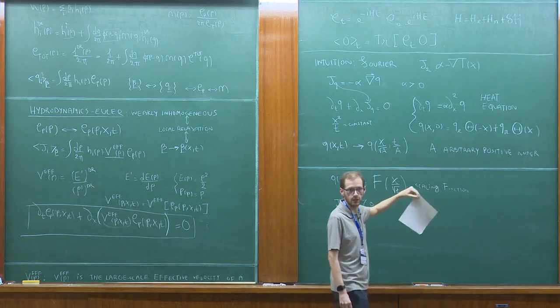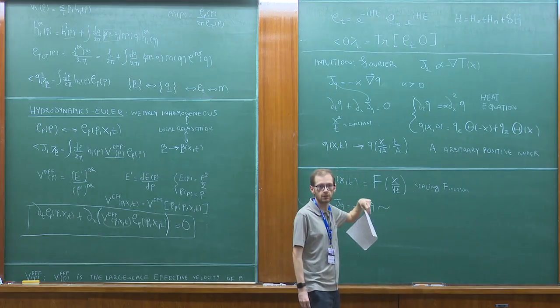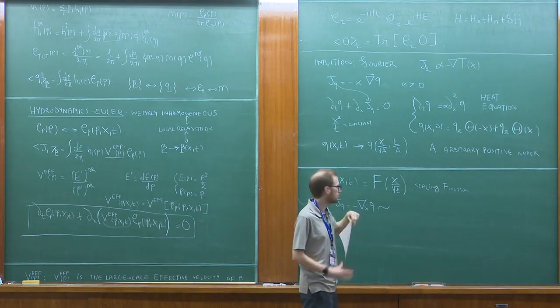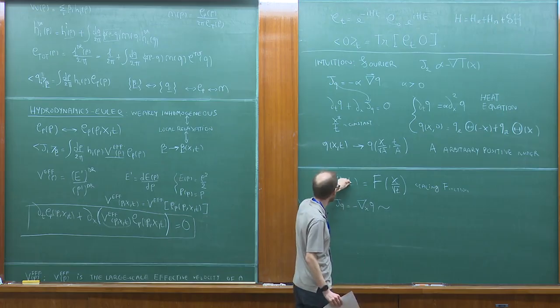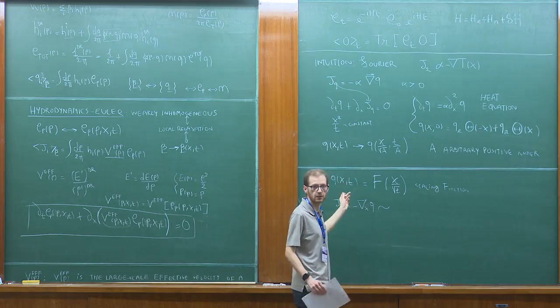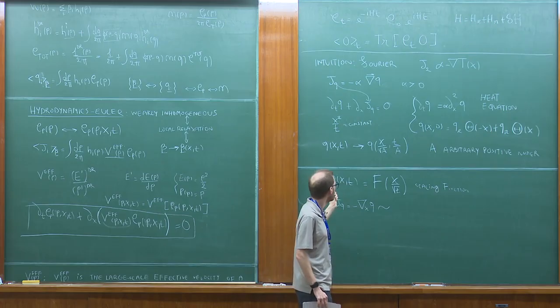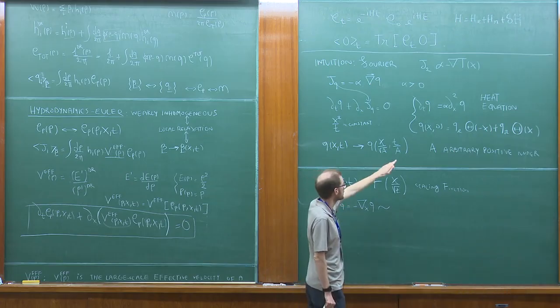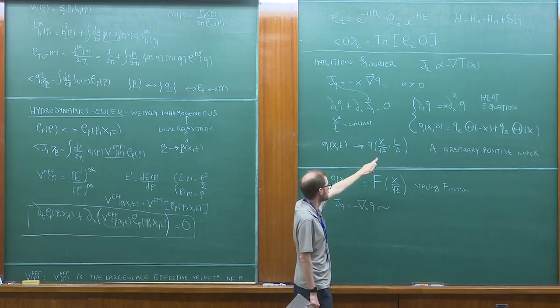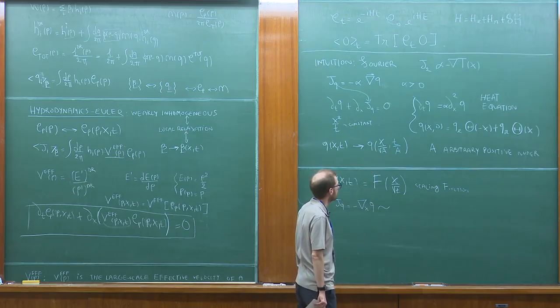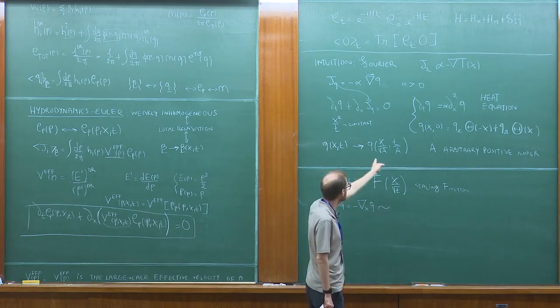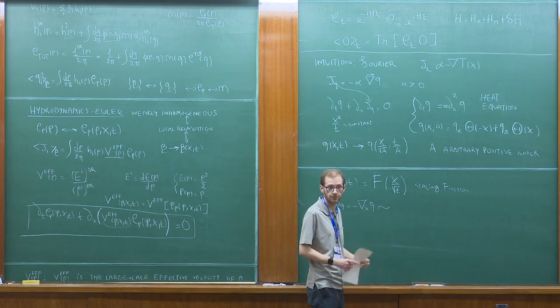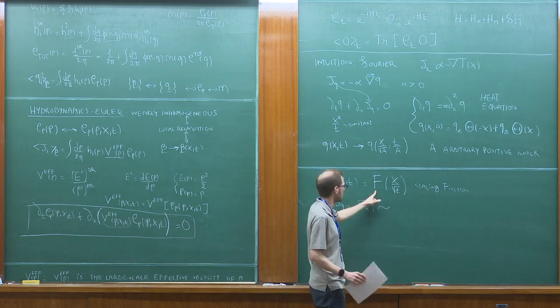This is like the solution at a space-time point x, t, and this is for the time-evolved one. For the initial state, I'm saying that the initial state also satisfies this kind of scale invariance relation.